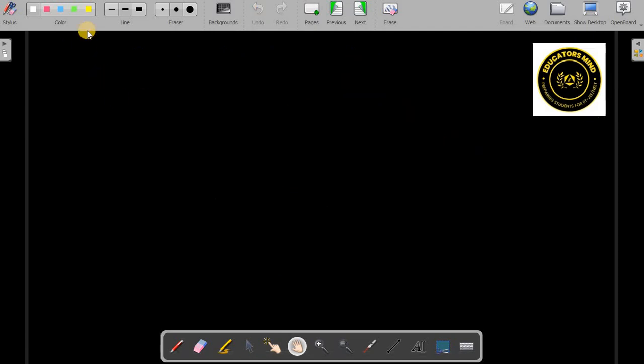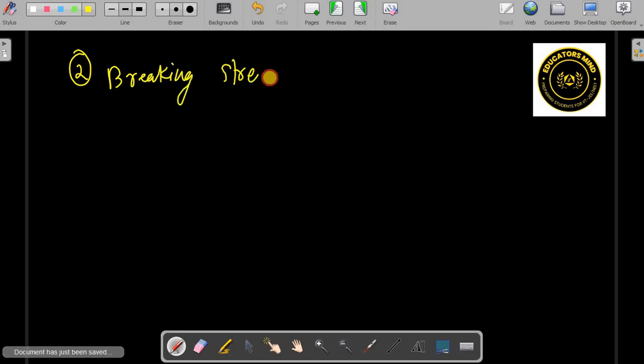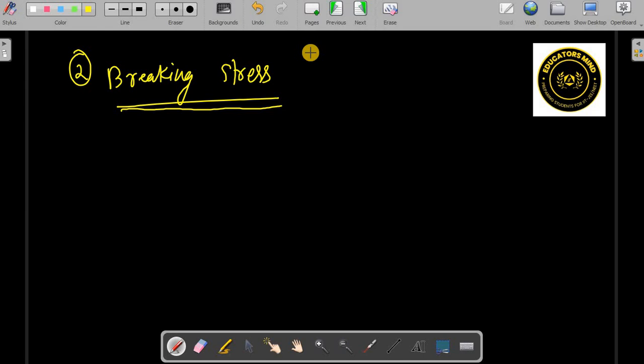The second thing which we can note here is about the breaking stress. Breaking stress. Okay, it is the maximum stress that a material can withstand without breaking. So definitely this will fall into the region of plastic behavior.